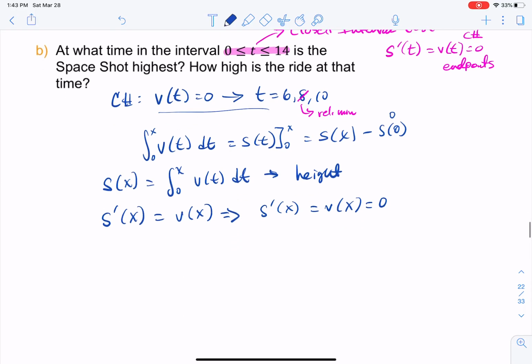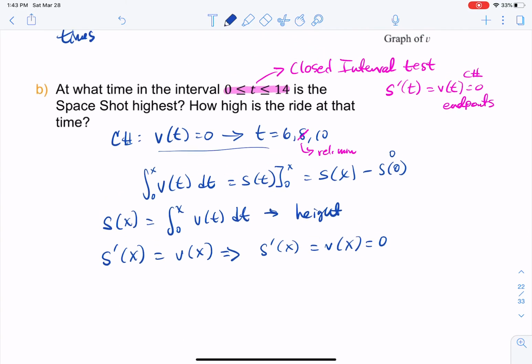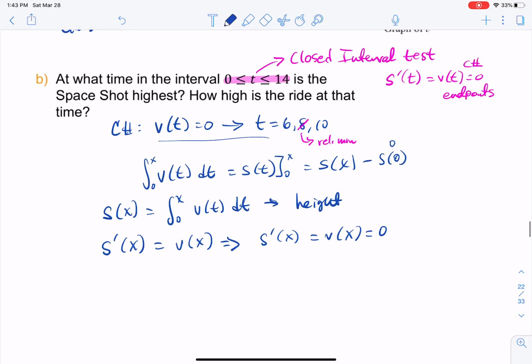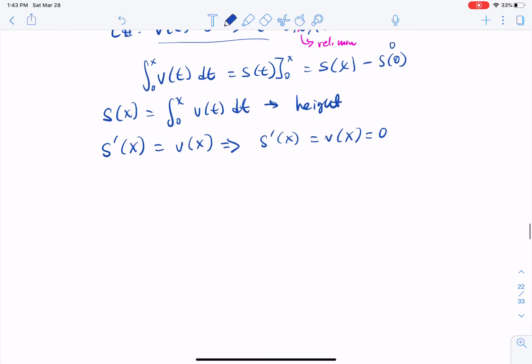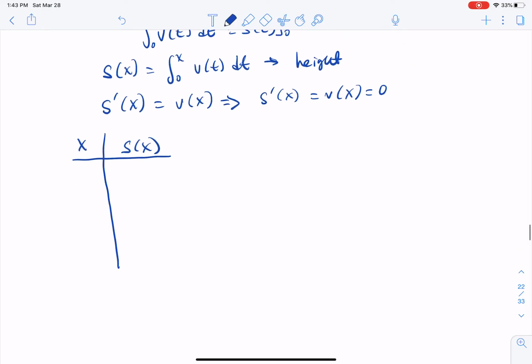Okay, so to carry out the justification of this and the actual closed interval test, we usually make ourselves a table of values. We've got x and our position at that particular time, and we want to have our endpoints 6, skip 8, we didn't care about it, go to 10, and 14 I think was the last one.